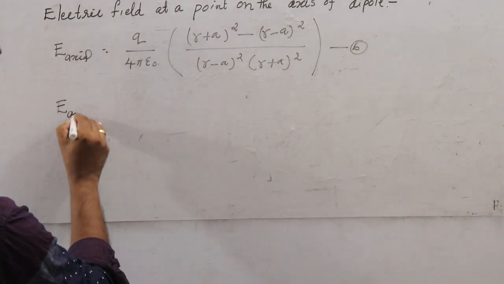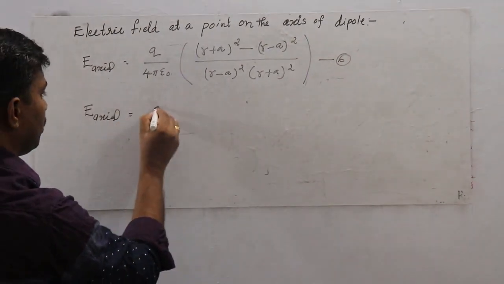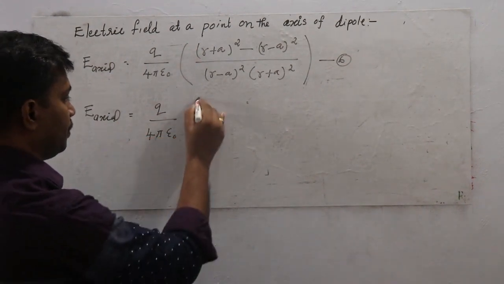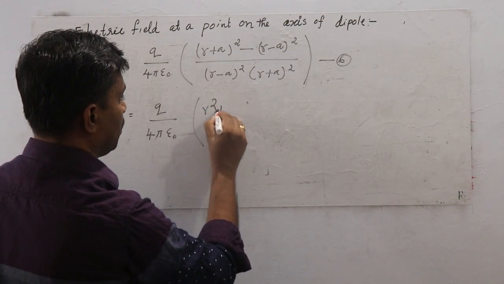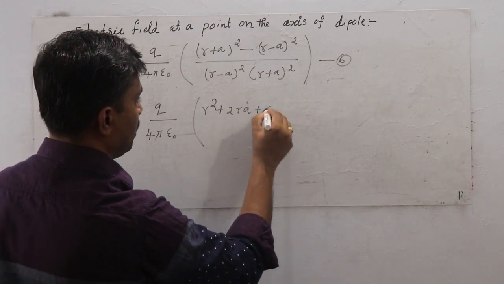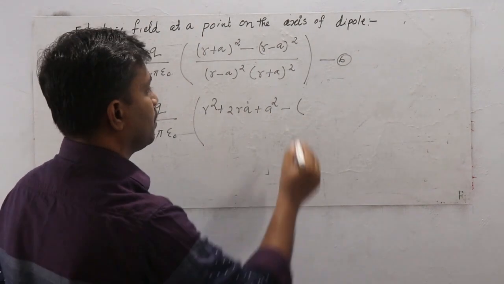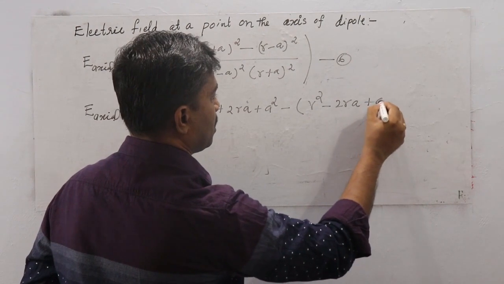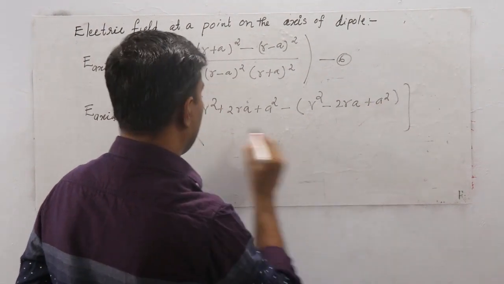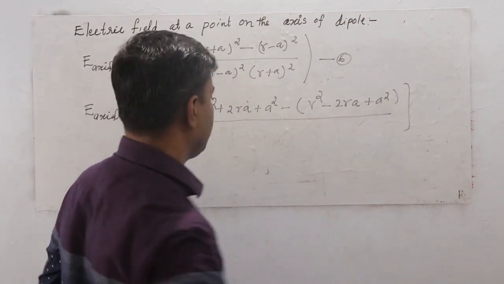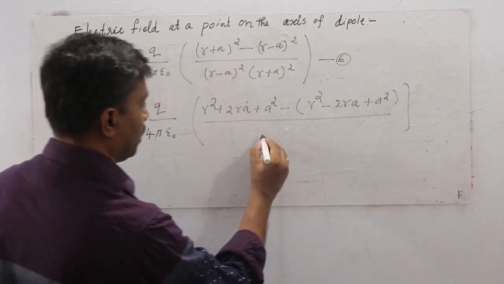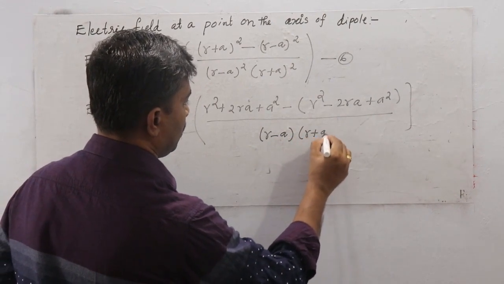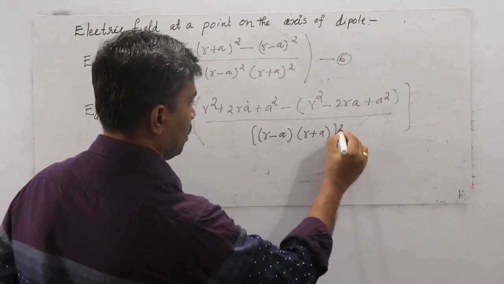E axial is equal to Q by 4 pi epsilon 0, expanding this, R square plus 2RA plus A square, minus, expanding this, R square minus 2RA plus A square, all divided by, here I am going to write like this, (R minus A)(R plus A) whole square.